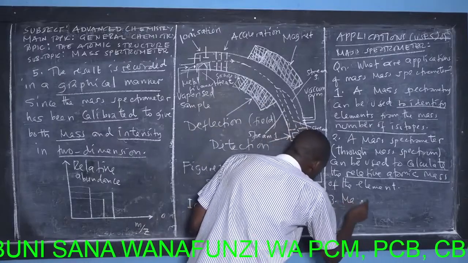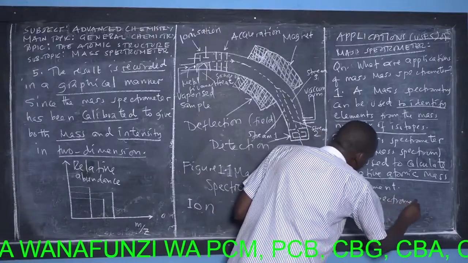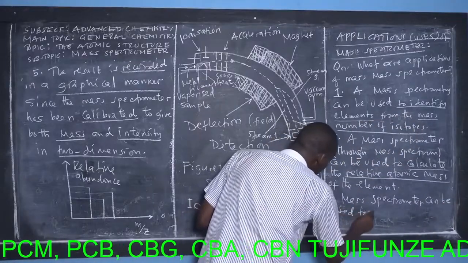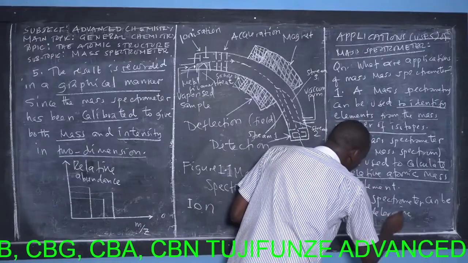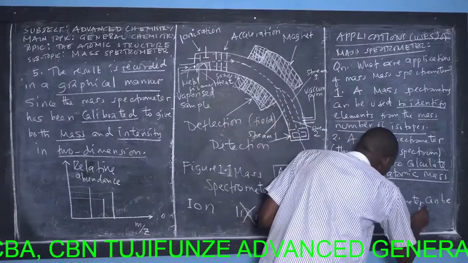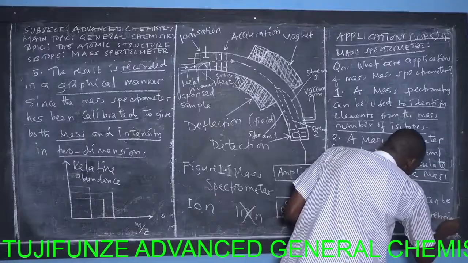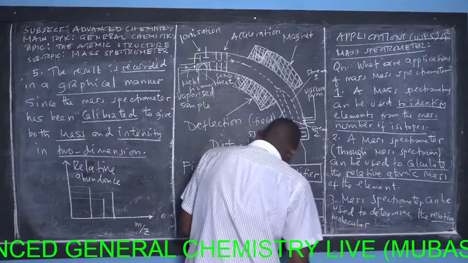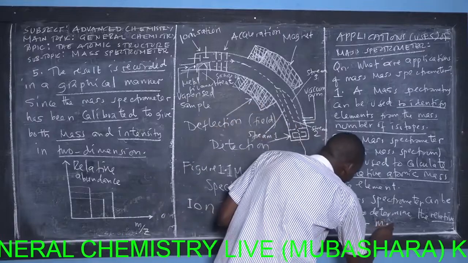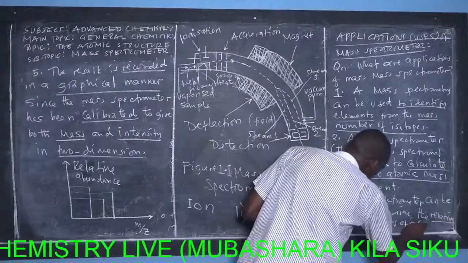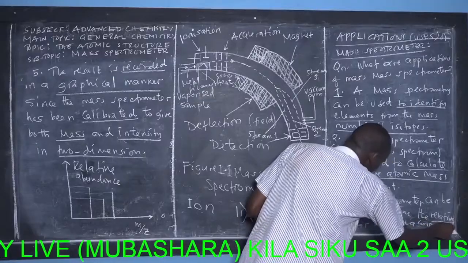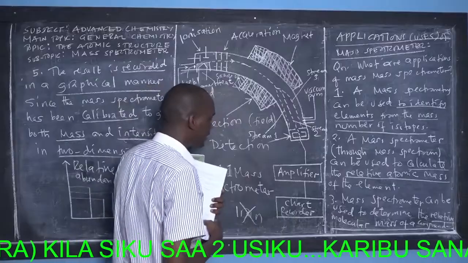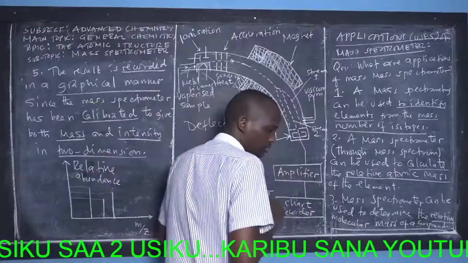Again, the mass spectrometer can be used to determine the relative molecular mass of a compound.